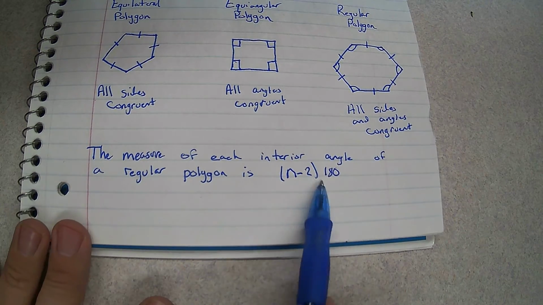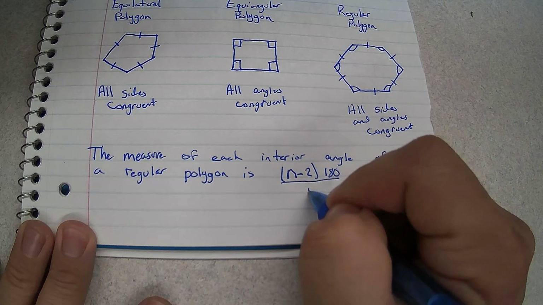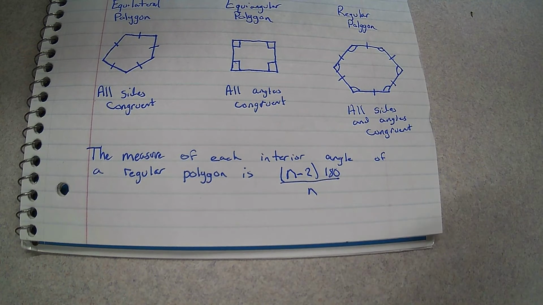So we have to figure out how many degrees are in the whole thing, and then we divide by the number of sides.